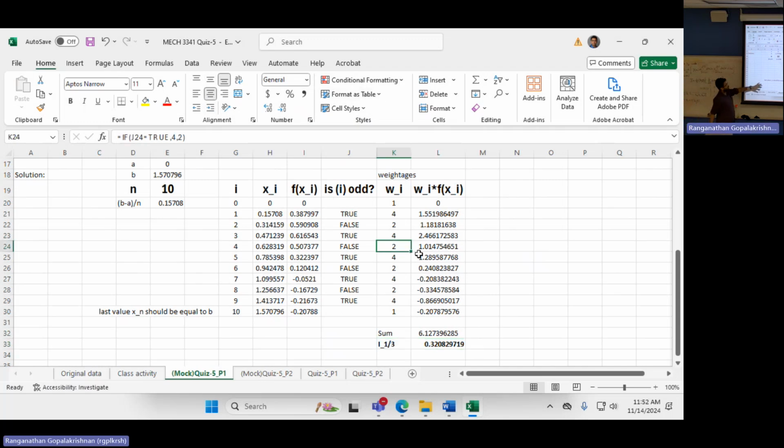Are you able to get the weightages, everyone? Could I see the true function again? Yeah, sure. If the column J is true, the weightage is 4, otherwise it's 2. The first and last entry I just manually entered as 1.